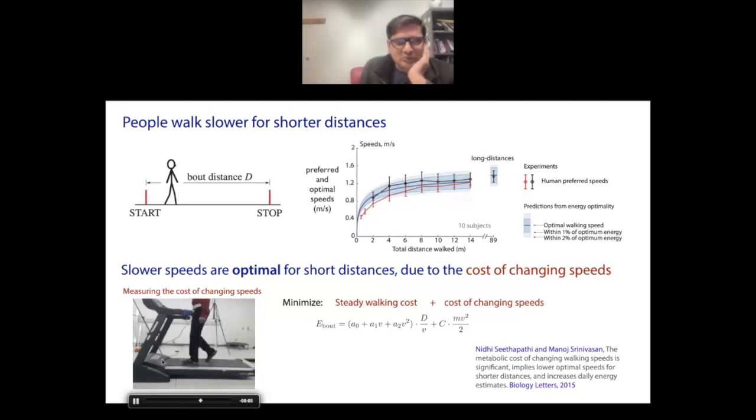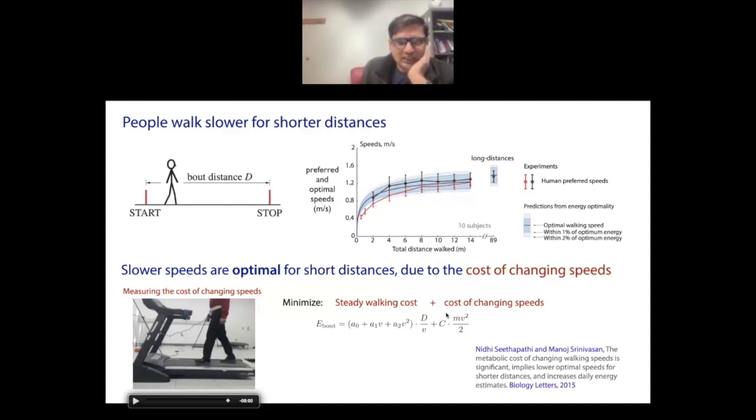And we had people, again, walking on the treadmill for about 2 hours with lots of different conditions of changing speeds. And we fit a very simple model to it. In this case, the simplest model that we could fit is essentially proportional to the kinetic energy change, and that fit the data reasonably well. It was not the best model, but it's the simplest model that we could fit to the data.